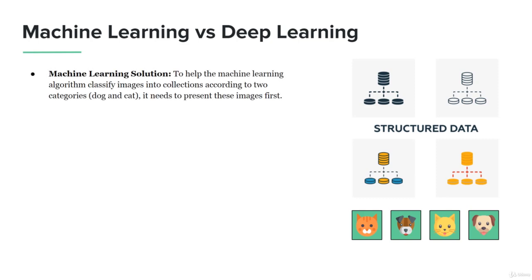So the machine learning solution: to help the machine learning algorithm classify images into collections according to two categories, the dog and the cat, it needs to be presented these images first. We're looking for the algorithm to identify which one of those is an actual dog and which one is an actual cat.